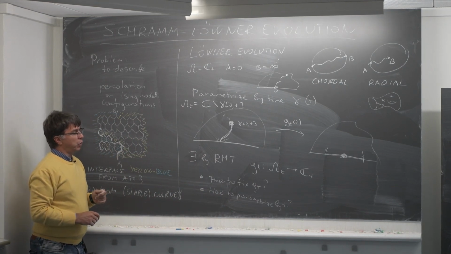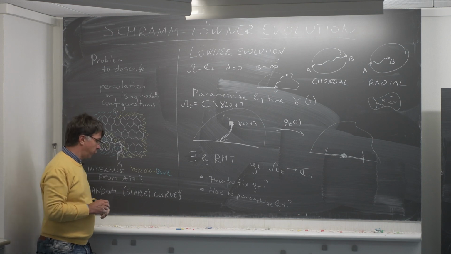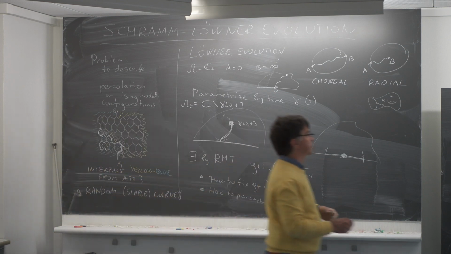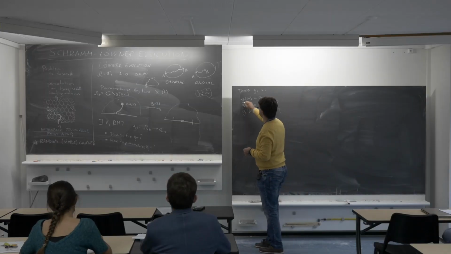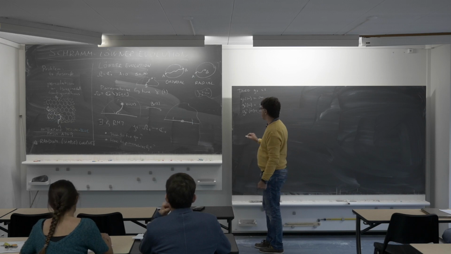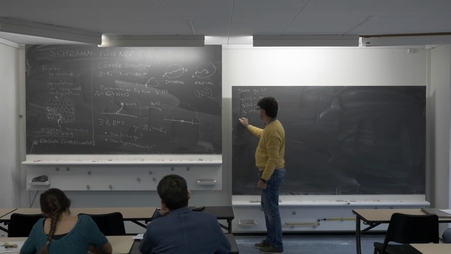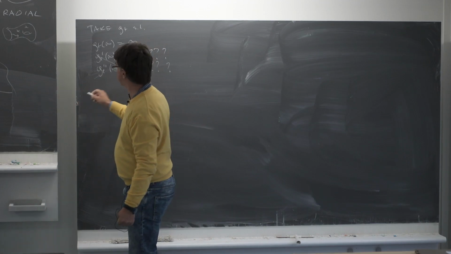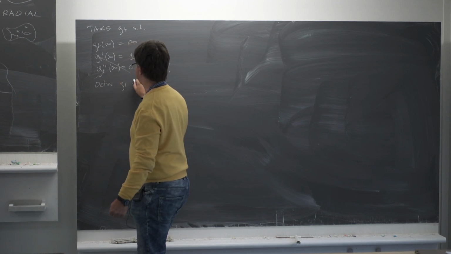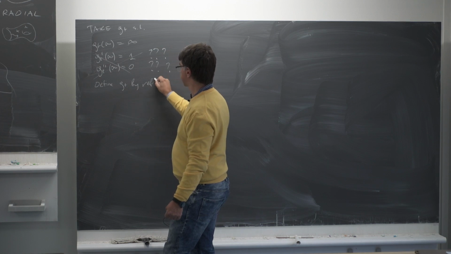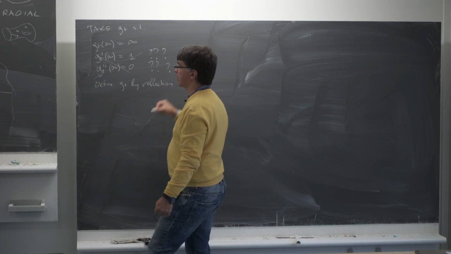Okay, so the question is, of course, what do I mean by these two uniformizations? Let's forget the second for now and do Schwarz reflection, and define gt by reflection as a map.